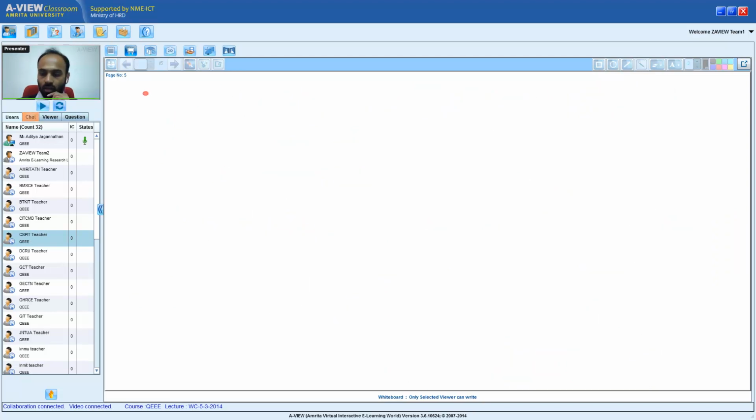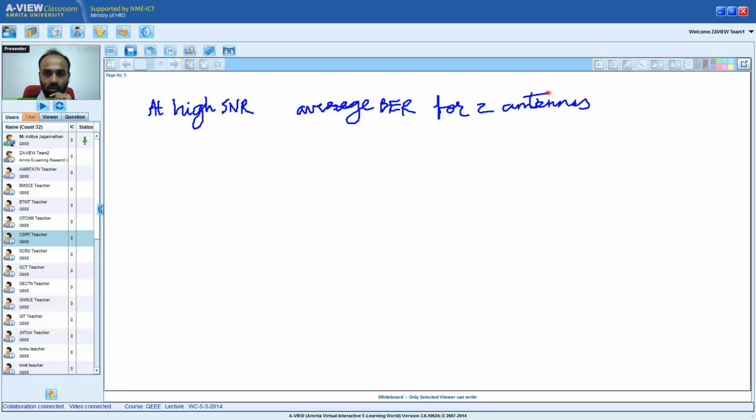Therefore, at high SNR, the bit error rate for 2 antennas equals 2 over SNR square.